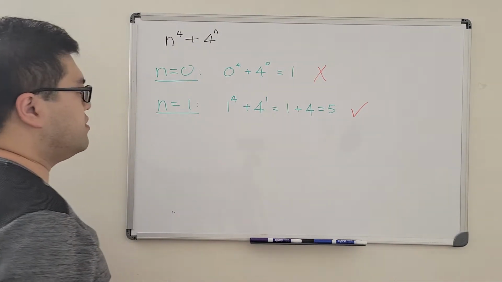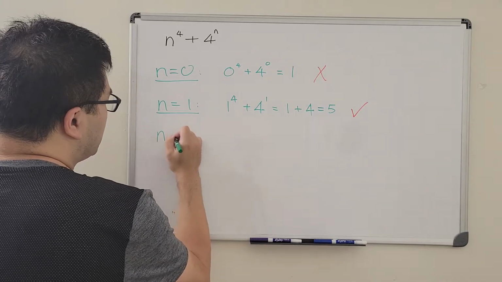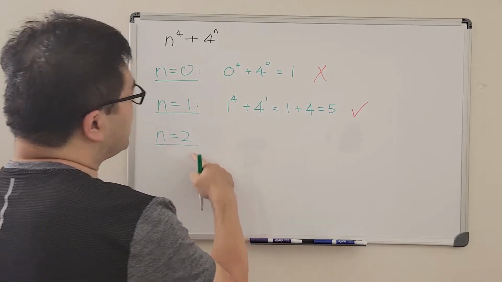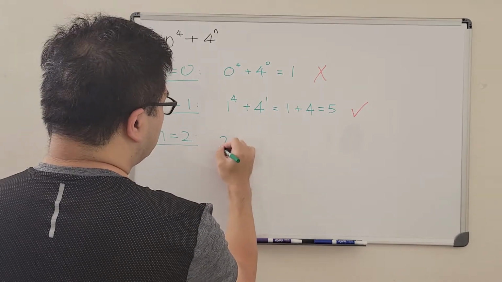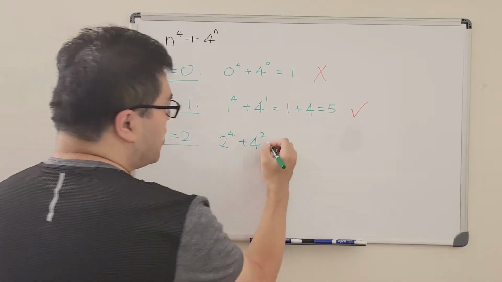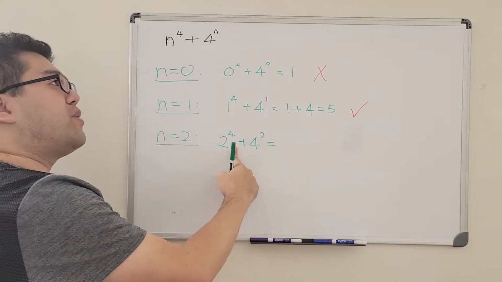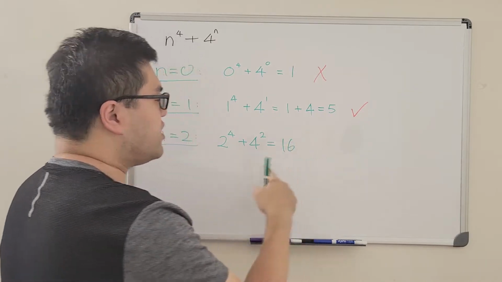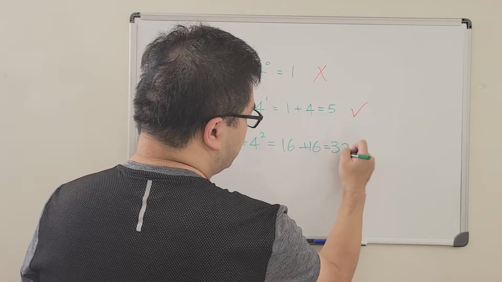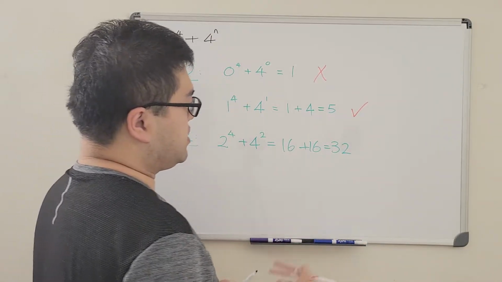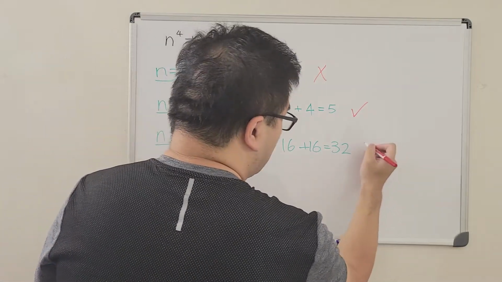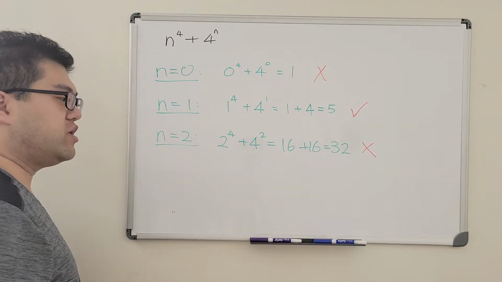Okay, so let's see what happens if we choose n equals 2. We get 2 to the fourth power plus 4 to the second power. 2 to the fourth power is 16, plus 4 squared, which is also 16, which is equal to 32. And since 32 is an even number that's bigger than 2, obviously this is not going to work either.